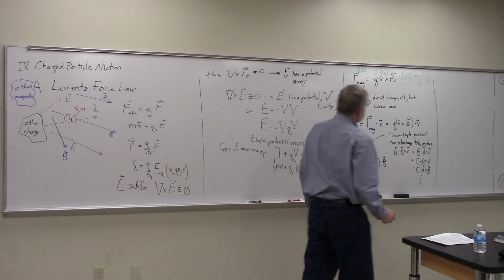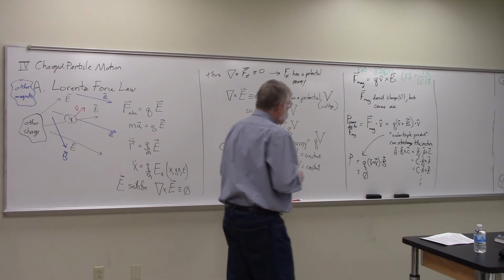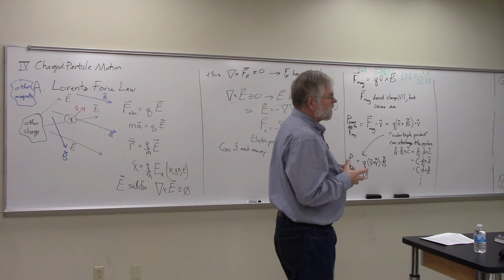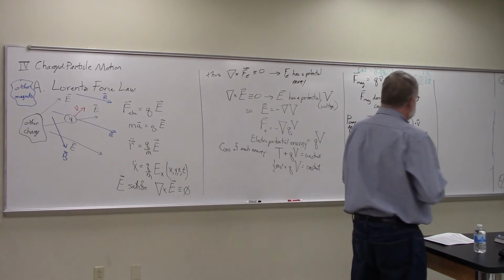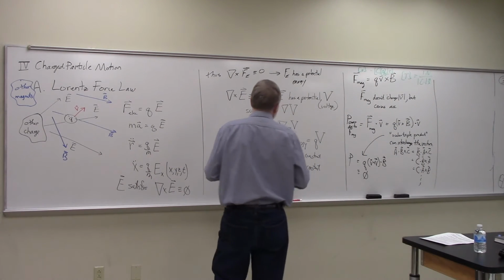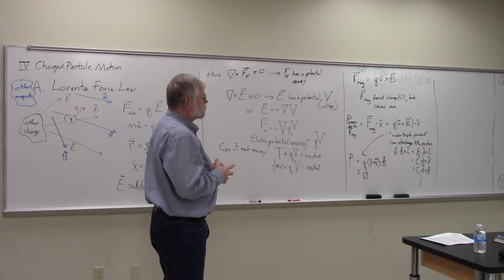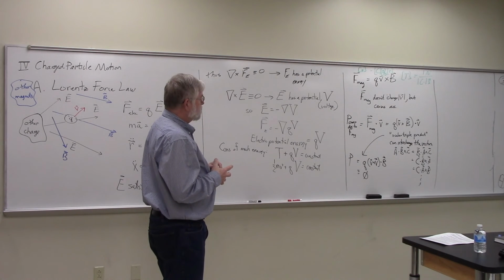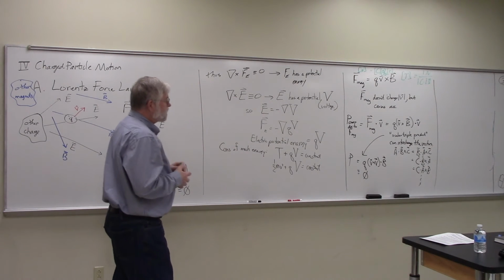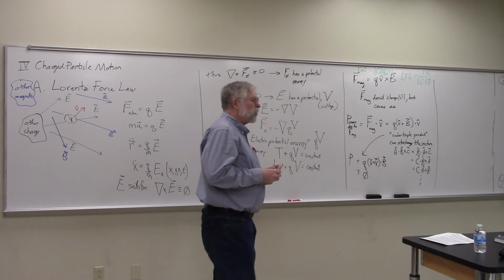So if you have a charged particle with 1 coulomb of charge, and it has a speed of 1 meter per second, and it's moving in a 1 Tesla field, then there'll be a 1 Newton force on it. 1 coulomb, that's a lot of charge. 1 Newton, that's a small force.